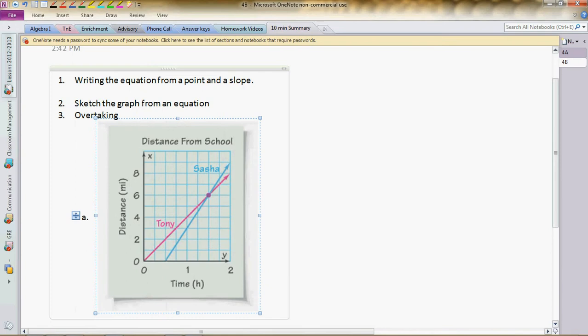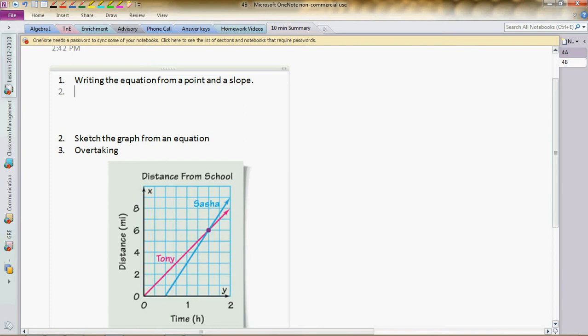So let's go over the first point, first item. That's writing an equation from a point and a slope.